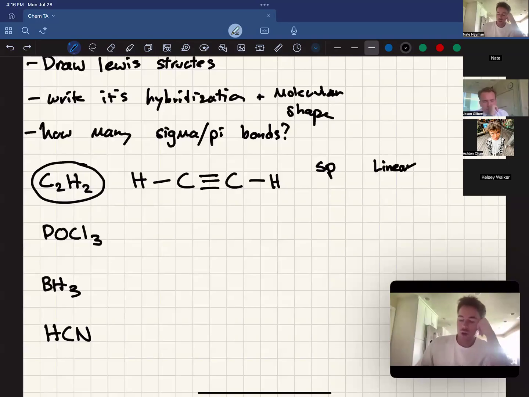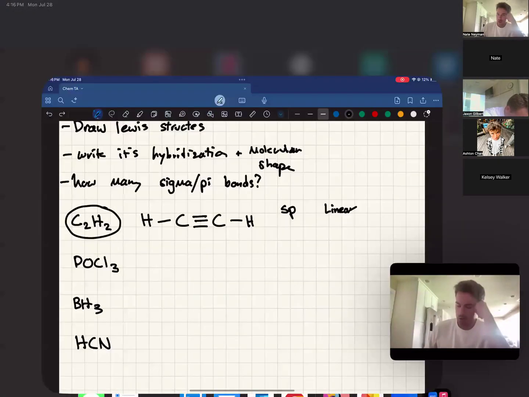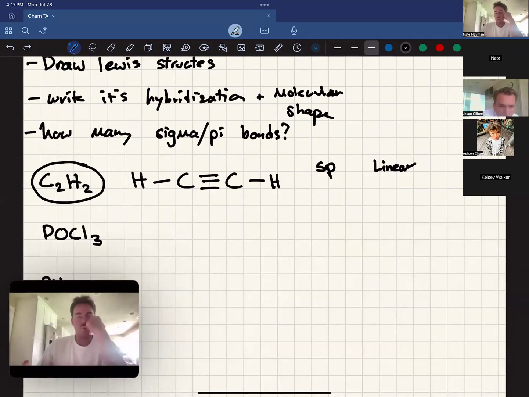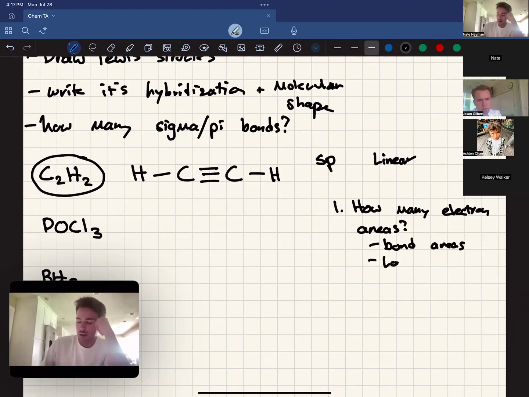So the way to find hybridization, remember, really you're looking at electron areas. I forget the term. How many electron areas do you have, which includes bond areas and lone pairs.